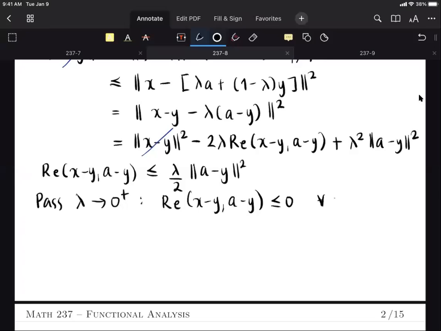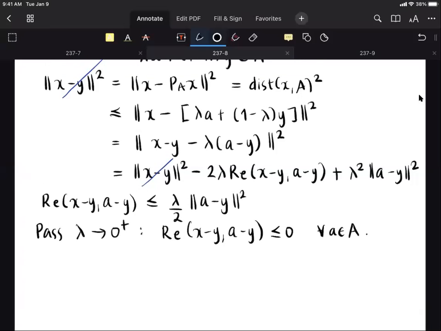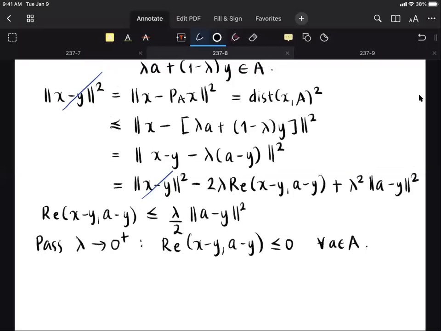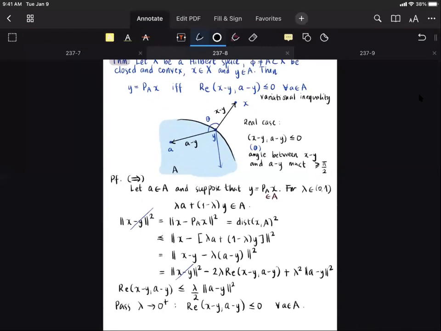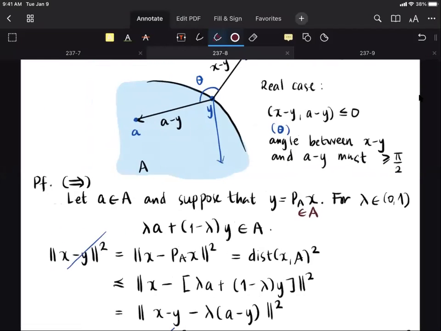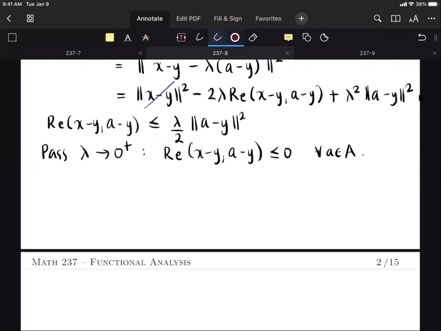And since A is arbitrary, this is true for any A in your subset capital A. And you can see that this is in fact the variational inequality that we would like to establish here. So that's one direction.